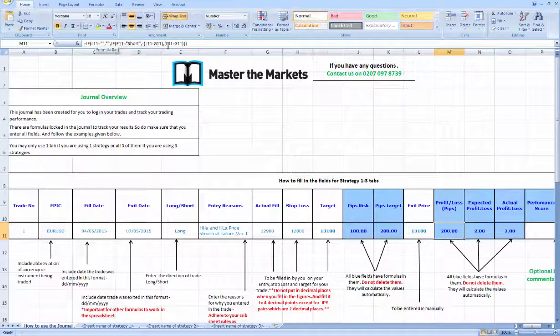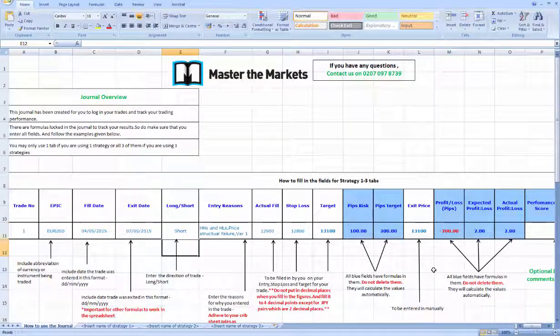So it knows how to calculate the profit and loss that was incurred in terms of pips because this trade was long. If we had however put short in here, then it would have calculated that as a 200 pip loss on the other hand. So this is quite key to make sure that it's filled in correctly. Also the dates need to be put in a certain format as well. So use the format all the way throughout, because this is how the template has been built.